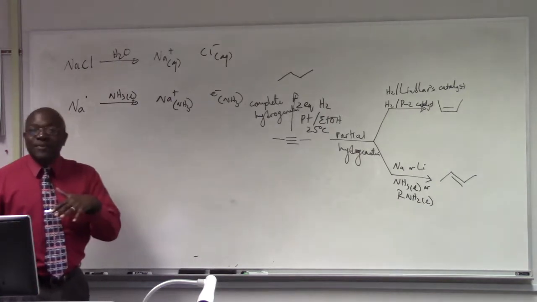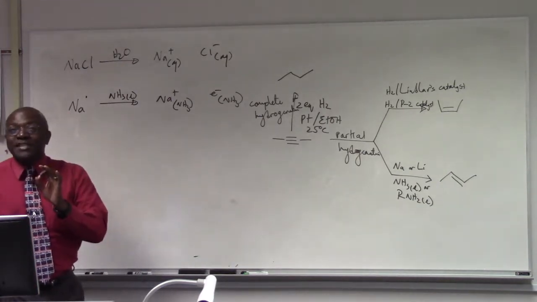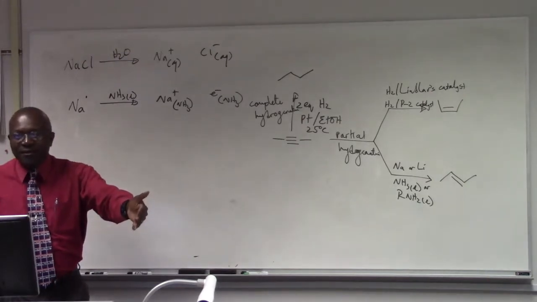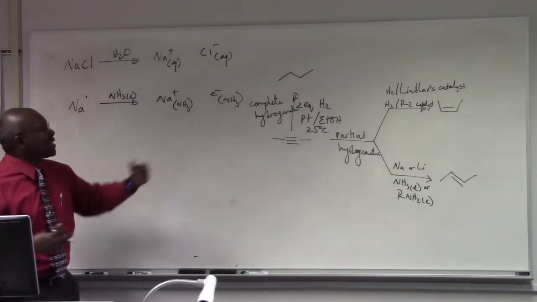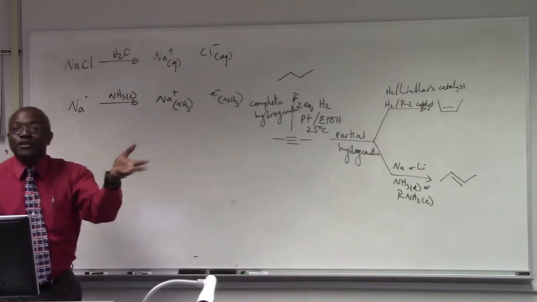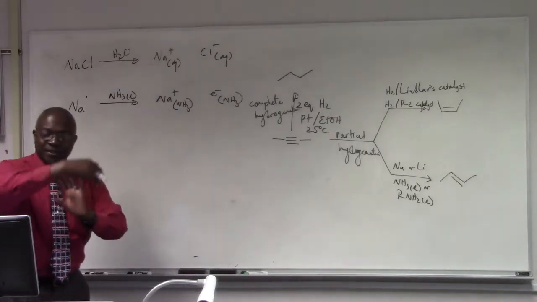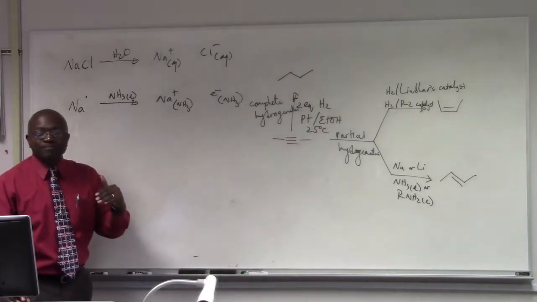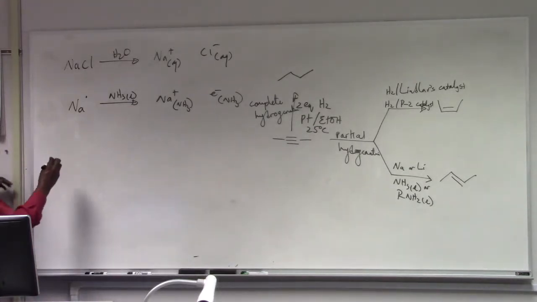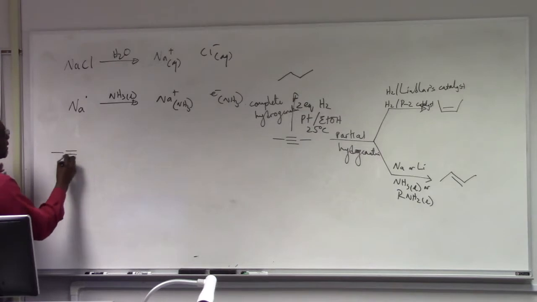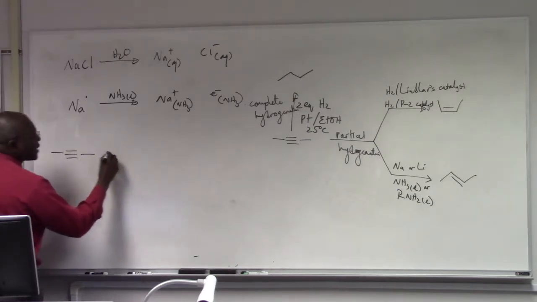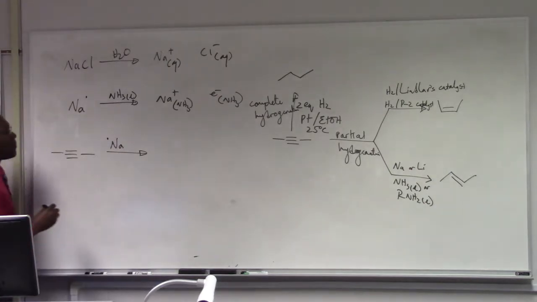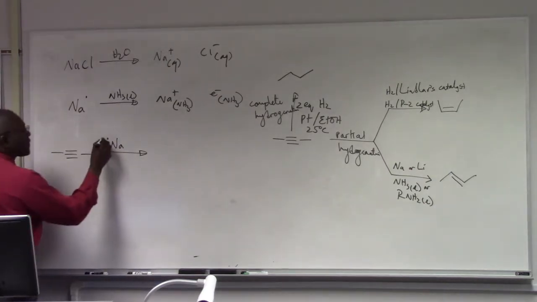But from a chemical perspective, having free electrons gives you the potential to be a very potent reducing agent, right? Because reduction is a gain of electrons. These electrons are swimming through the solution, solvated by the ammonia molecules, but they're available to carry out chemistry. So the way this happens is if I treat the alkyne with sodium in liquid ammonia, what happens is the following.